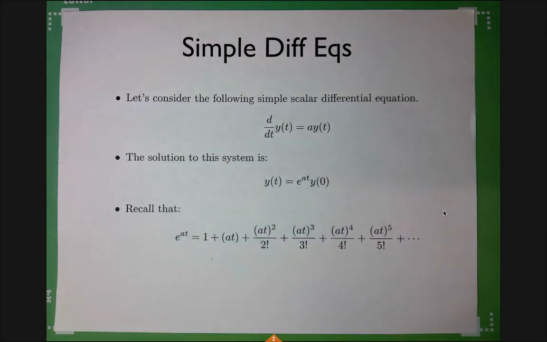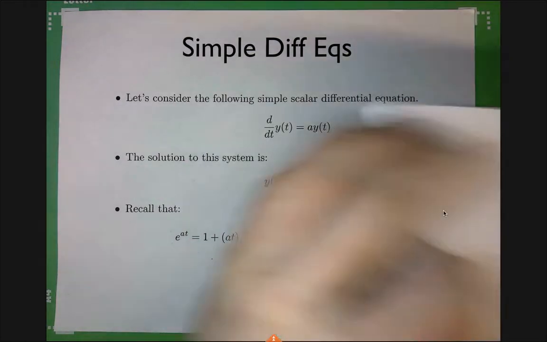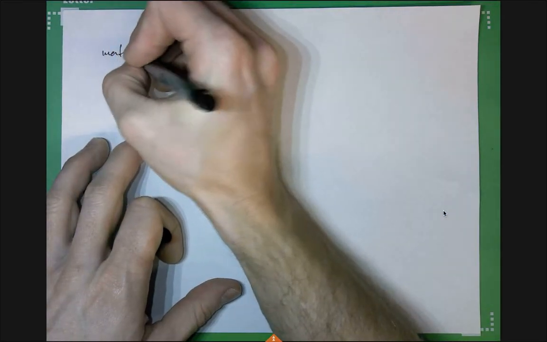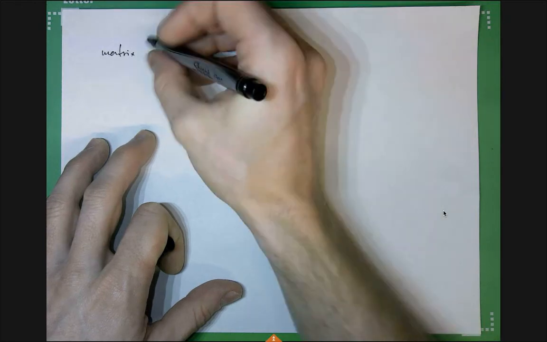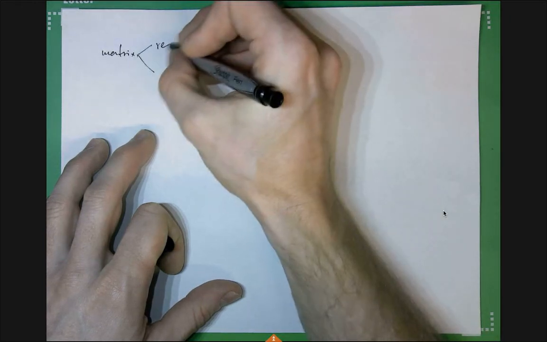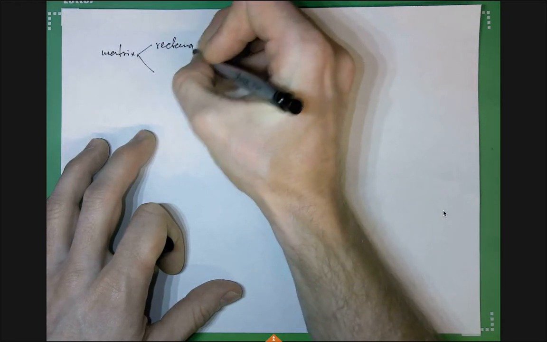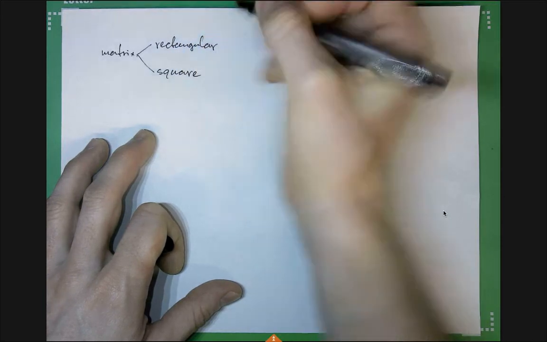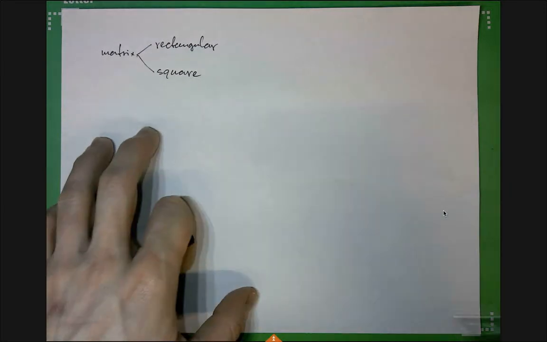Let me do a real brief recap. I sort of made this little diagram for myself of where we are currently. So matrices: if I have a matrix, it can either be rectangular or square. I mean rectangular, not square.